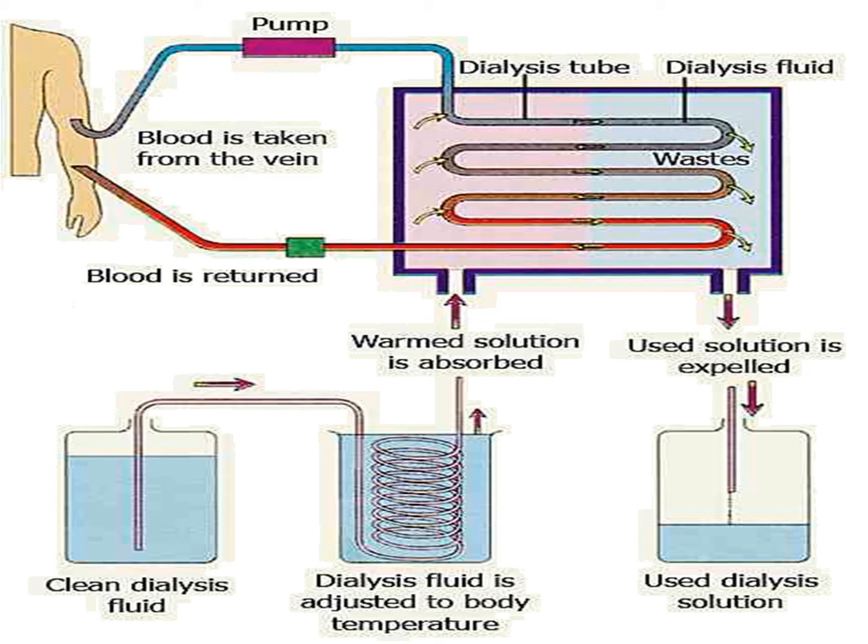Now, the concentration of the toxins inside the blood, which passes inside the tubes, is higher than outside the tubes, which contain the dialysate fluid. So, the toxins will passively diffuse from inside the tubes, which contain the blood, to outside the tubes, which contain the dialysate fluid, through the semi-permeable membrane of the tube walls.